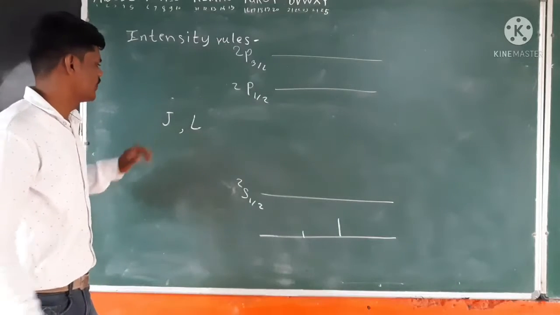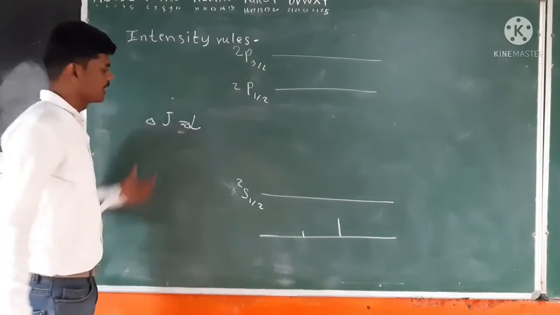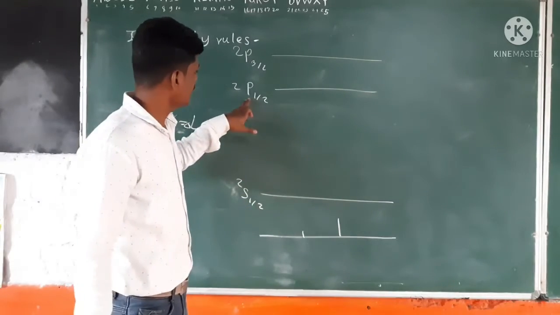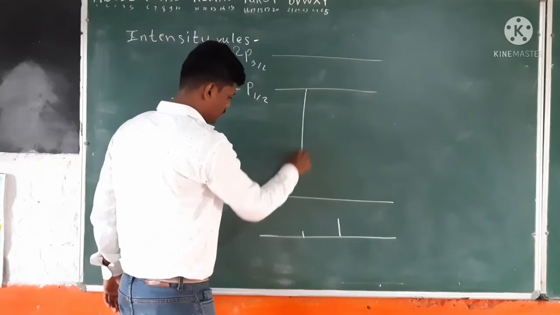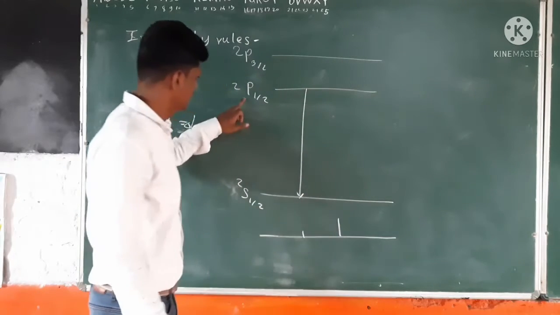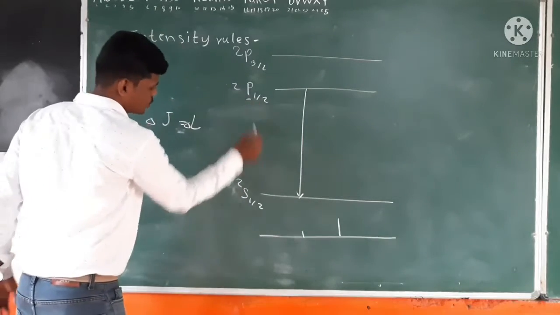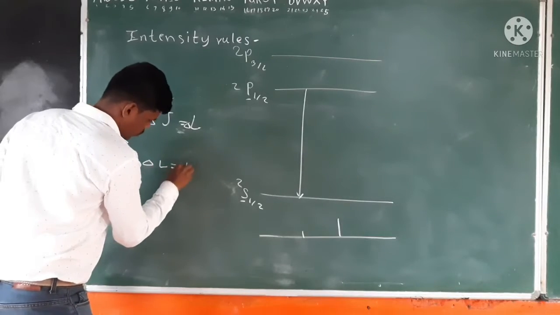That means whatever the delta J is, it should be the same as delta L. So they should change in the same way. Here we can see from this transition, what is the delta L? Here it is 1, here it is 0. So delta L is 1.